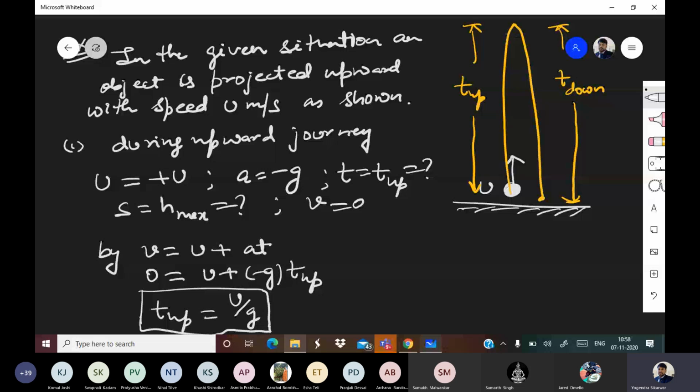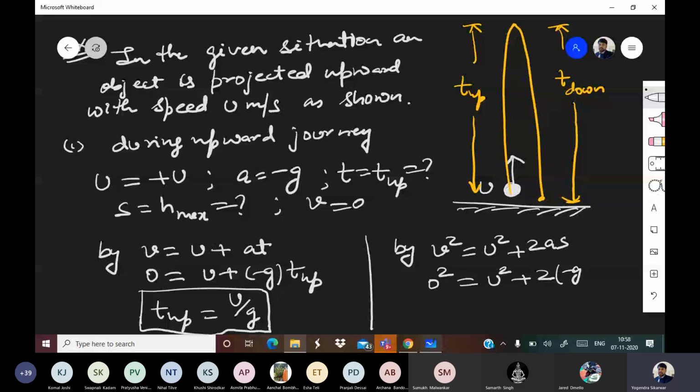Now, by v square is equal to u square plus 2as, v square means 0 square, u square means u square, plus 2 into minus g into h max. So h max is equal to u square upon 2g.